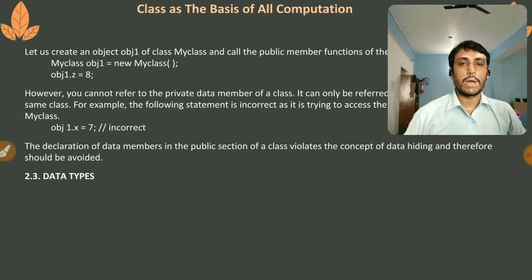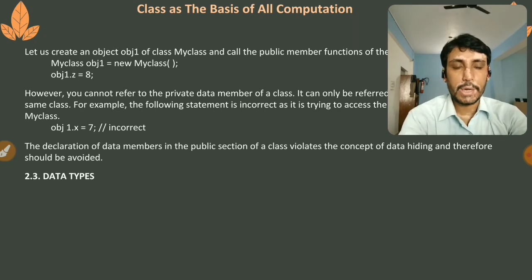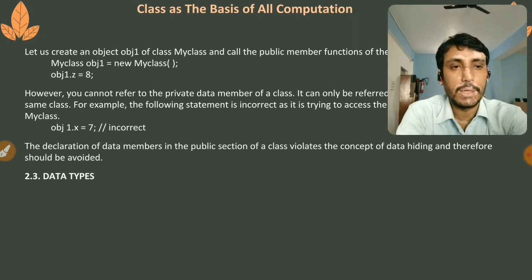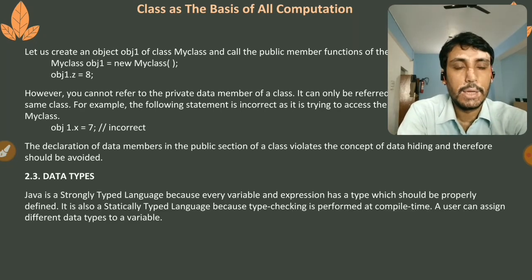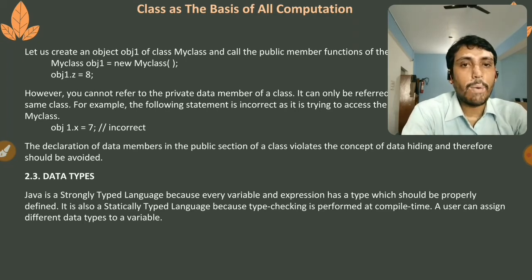Now the data types. You are also familiar with data types, for example integer, float, double, long, char, bit, byte. So these are data types. Java is a strongly typed language because every variable and expression has a type.